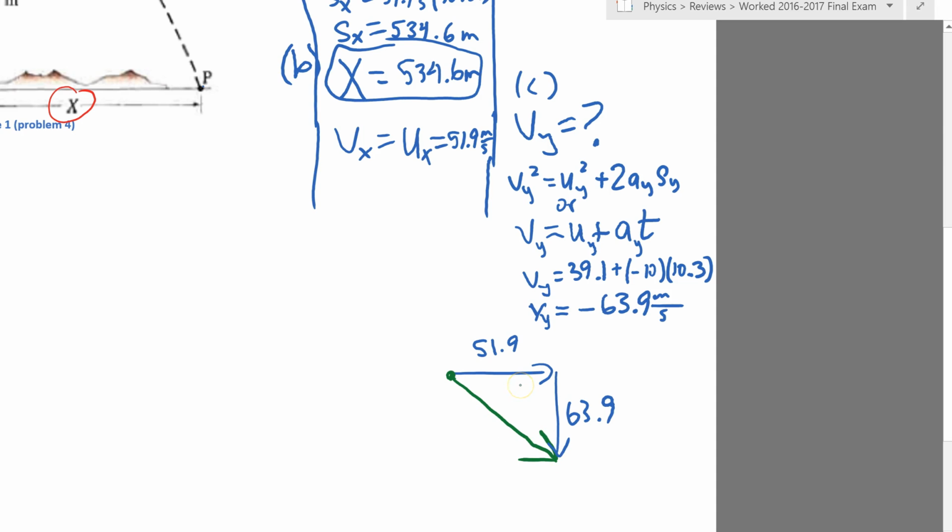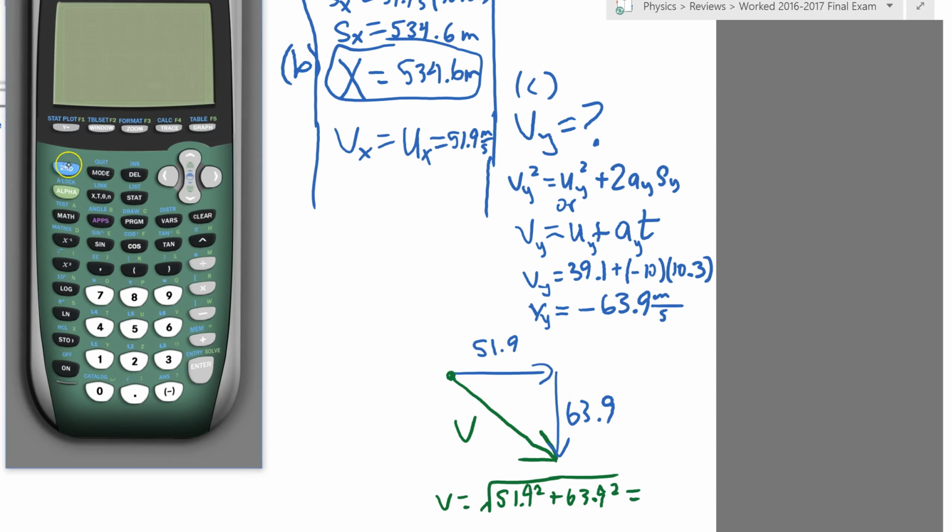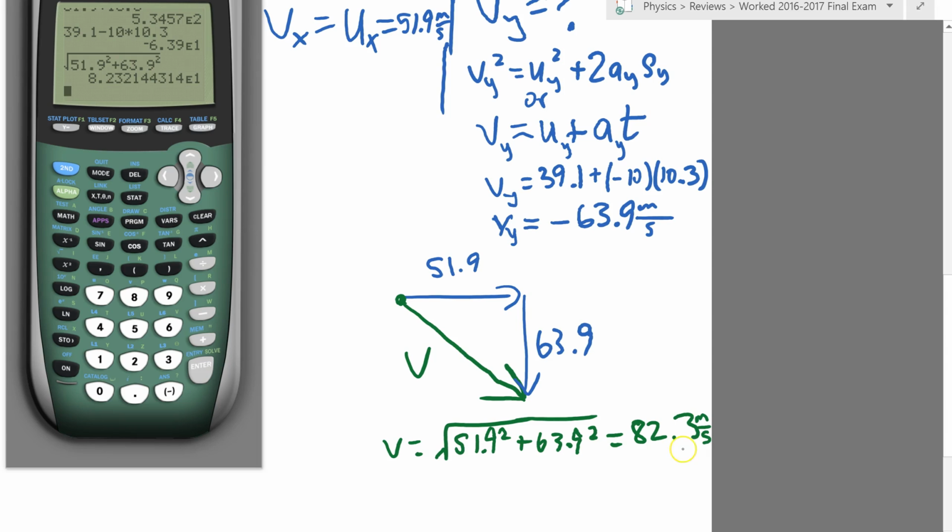And the magnitude of it will be V equals the square root of the square of both of these, squared, equals 82.3 meters per second.